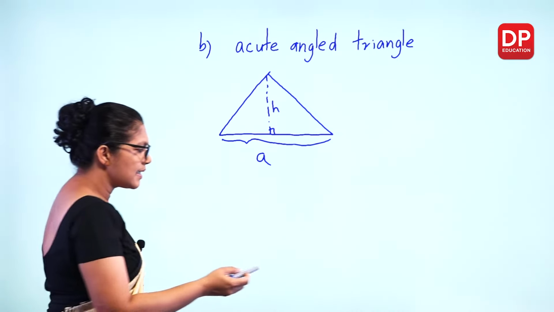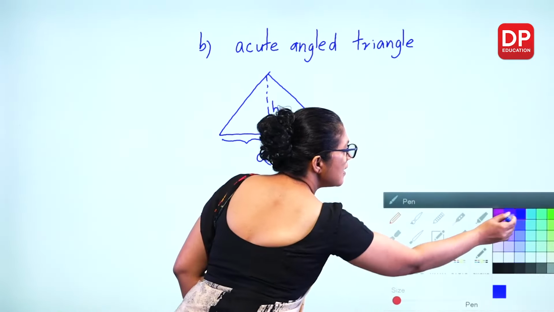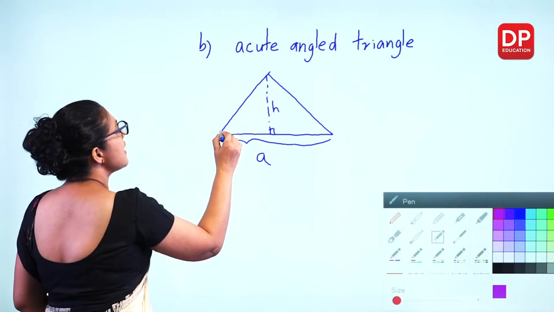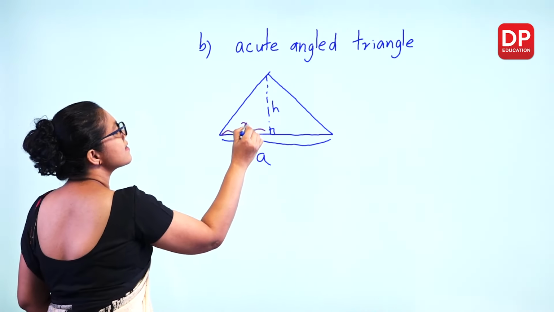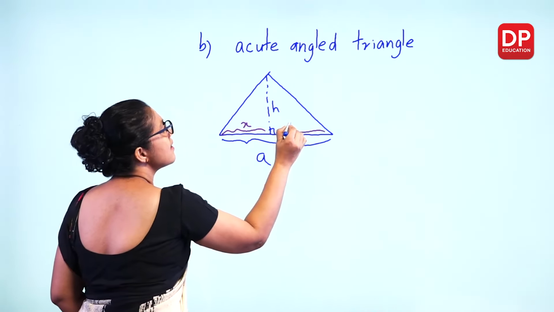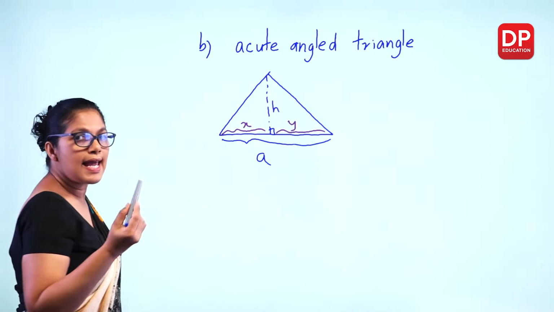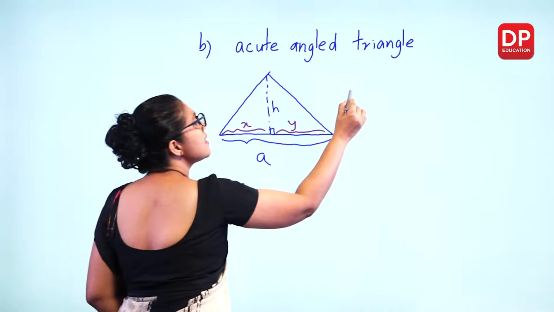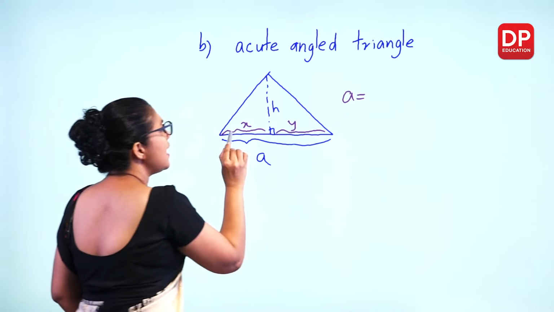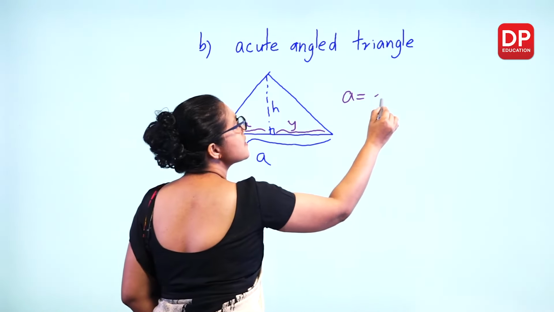I'll take each side with different letters. So here I'll take this length as x and this length as y. Here we know the total length is A. So in terms of x and y, we can write A is x plus y.